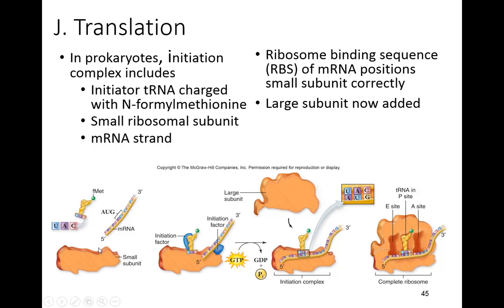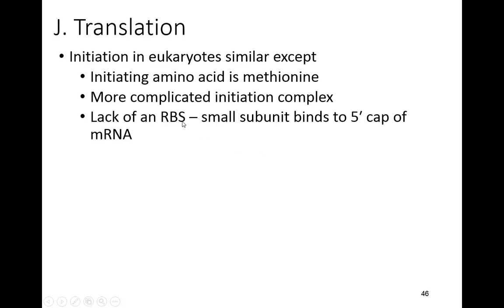It attaches to the small subunit, and then also the messenger RNA, and then the large subunit attaches on top. And now you have translation ready to begin. Originally it is bound to the P site, and the A site is empty.